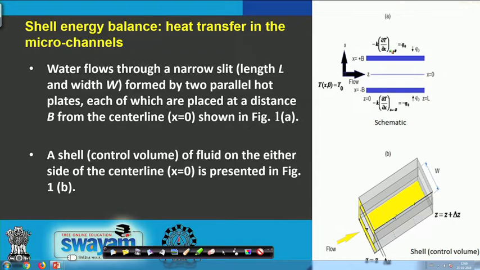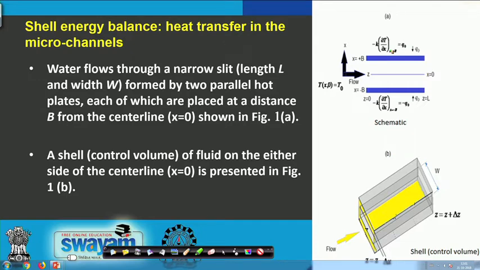So every plate has the heat flux q0, that means minus k del T del x is equal to q0, which is the boundary condition, and the bottom plate has the same heat flux, q0.